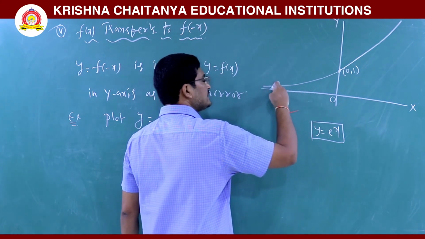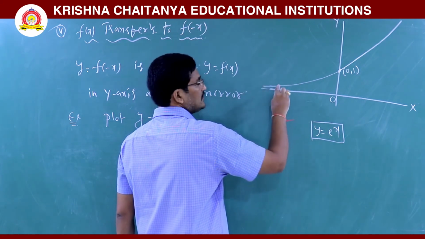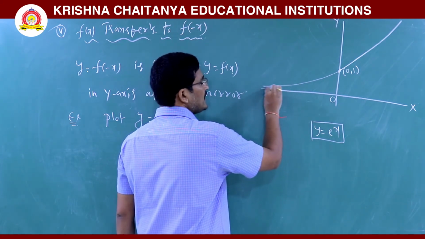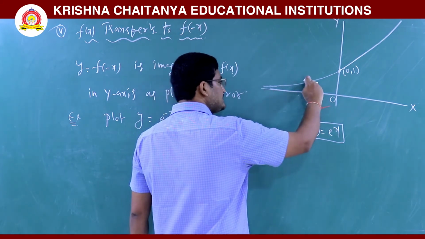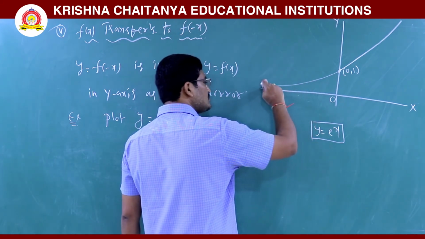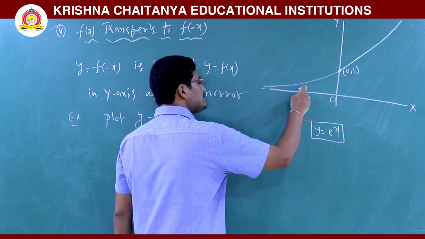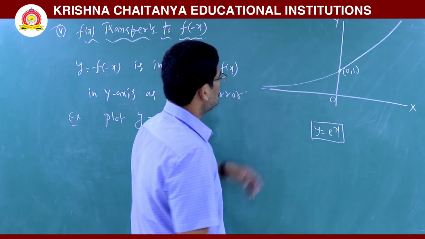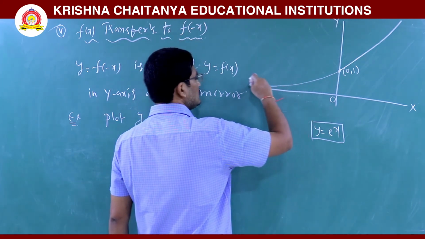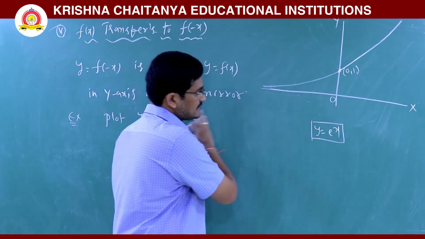That means at the infinite position, these two meet, so you have to leave some gap there. As x tends to minus infinity, the curve gets closer to 0. We draw this curve up to the end of the x-axis on this side.